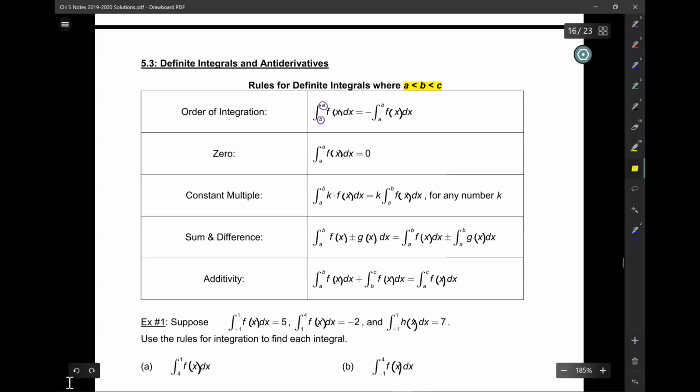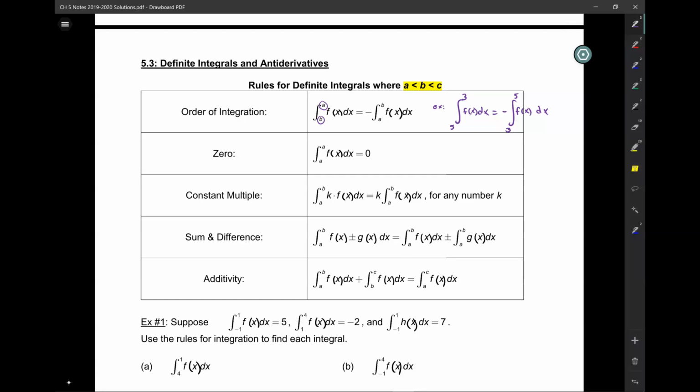For example, the integral from 5 to 3 of f of x dx, we're going in the wrong direction, right? That's the negative of that same integral, but from 3 to 5. So you can find the integral from 3 to 5 and just put a negative in front.